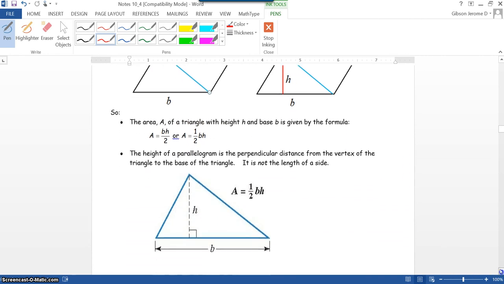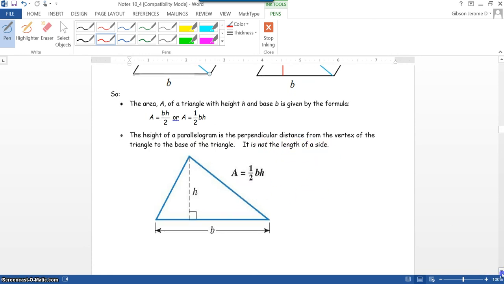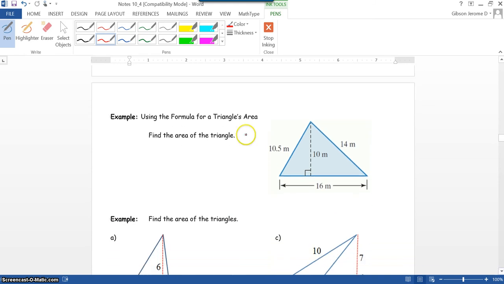Now the height of a triangle is the perpendicular distance from the vertex of the triangle to the base of the triangle. It is not the length of a side. So, it says using the formula for the triangle's area, find the area of the triangle. So we have the area is equal to half of base times height.